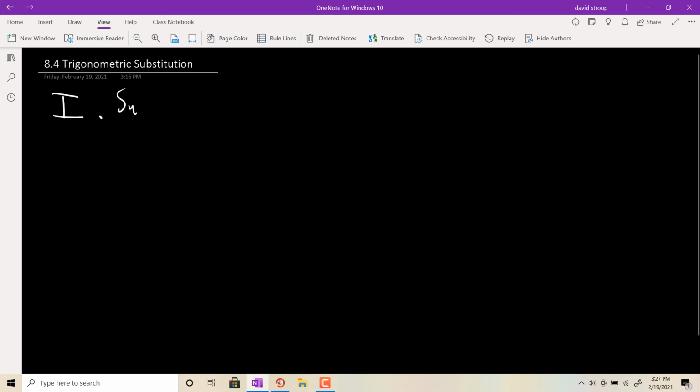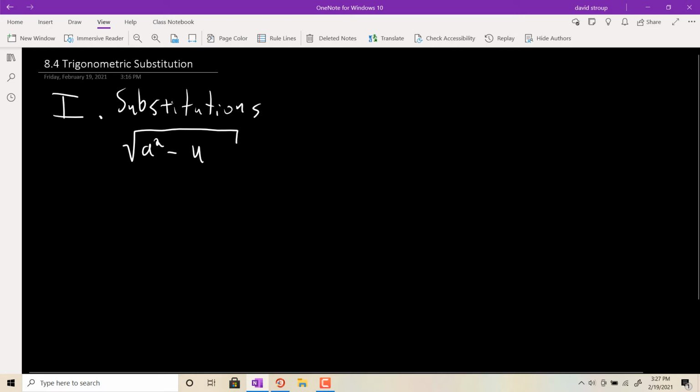What are you doing exactly here? You're trying to get rid of a square root, right? Substitution. And you do this substitution of an entirely new kind of function. The way it works is it's almost like the reverse of your normal substitution.